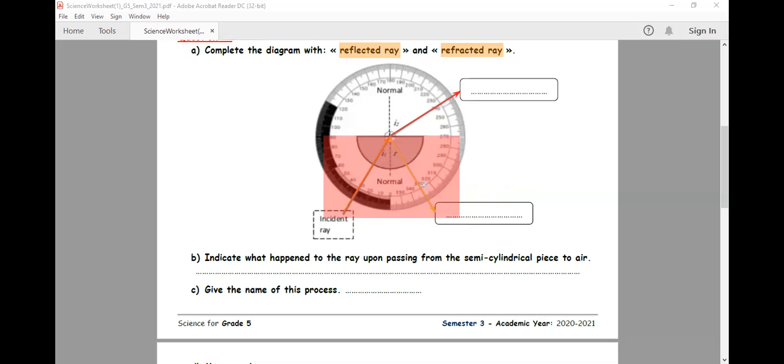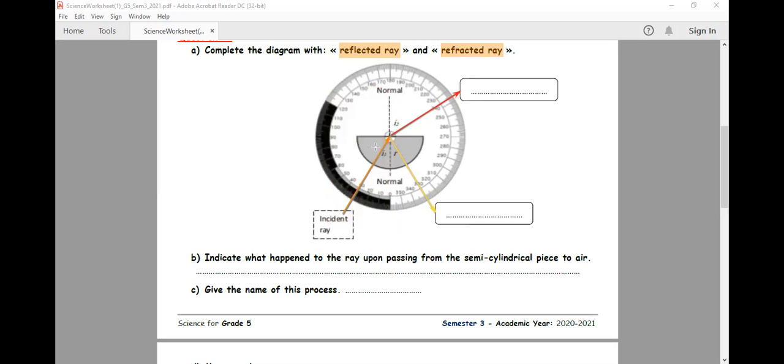So this is the reflection happening. Look at the orange ray and at the red ray. Are they found in the same place? They are found in different places.